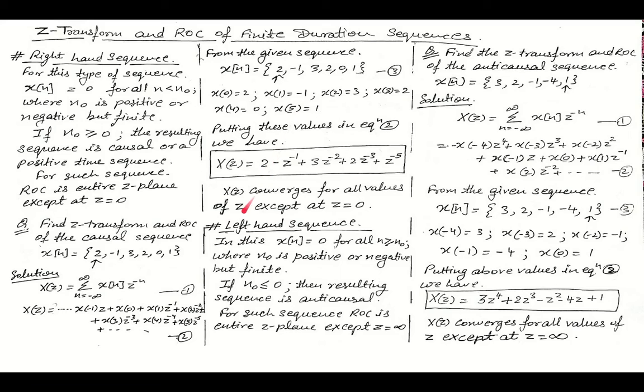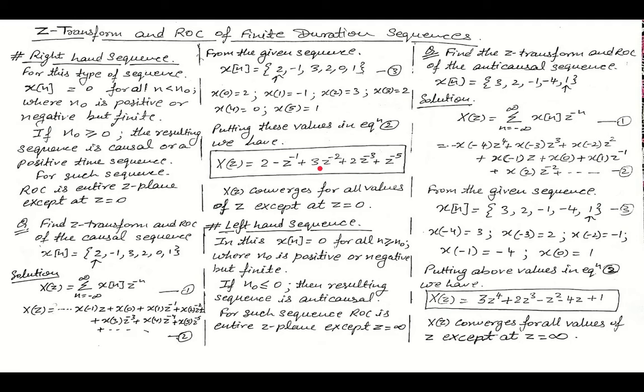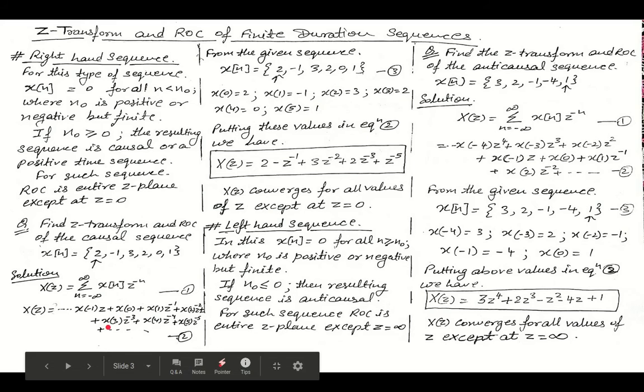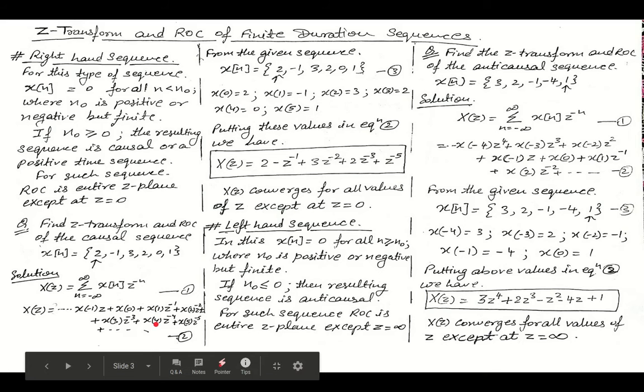Then the value of x[2] is 3, so it will be 3 into z to the power minus 2. Then x[3] is 2, so it will be 2 into z to the power minus 3. x[4] is 0, so 0 into z to the power minus 4 is ultimately 0, so I have not mentioned it here.